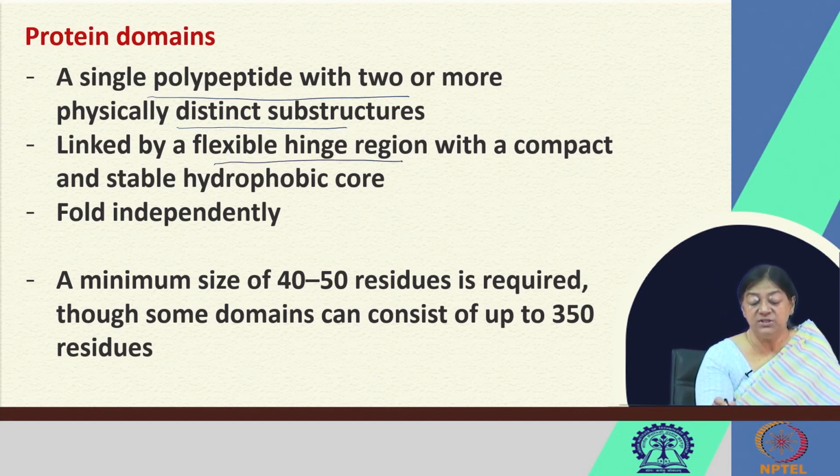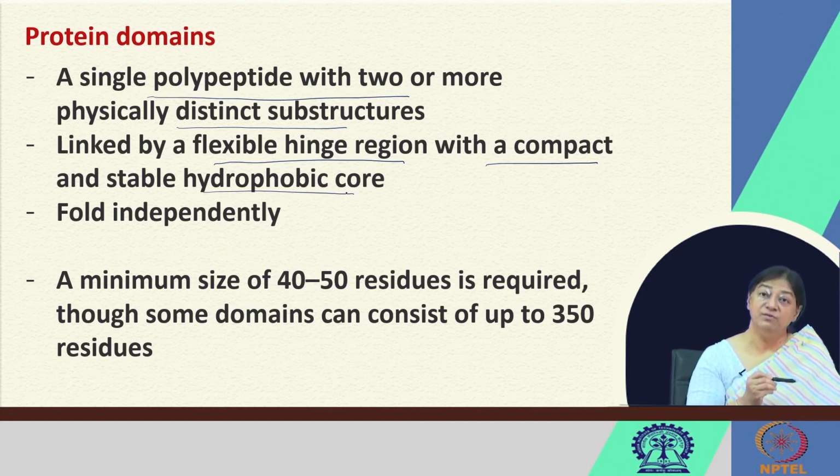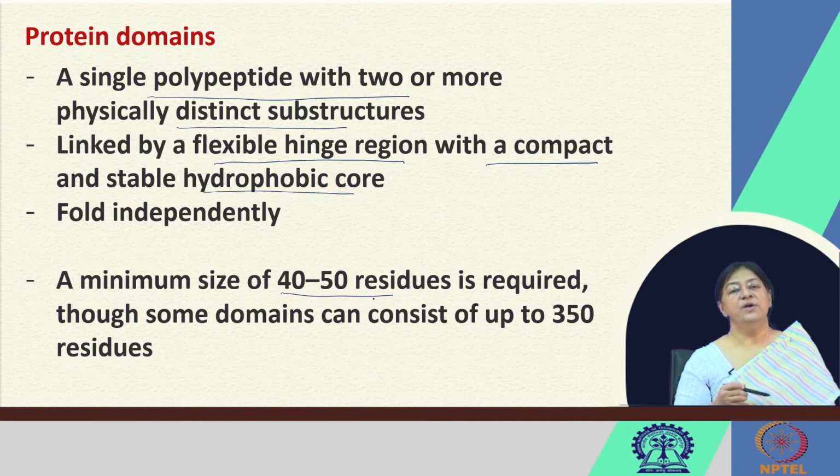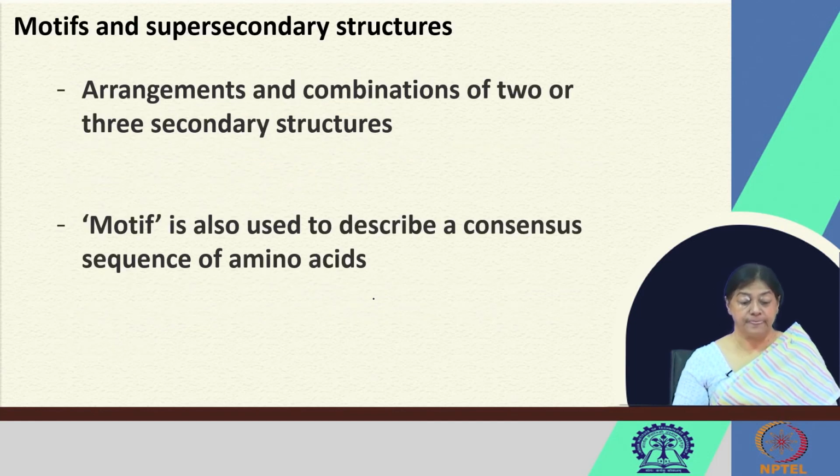We have linkers, as we saw, and we have a compact and stable hydrophobic core for globular proteins, and they can fold independently. These are the protein domains that we are talking about, and there are specific sizes of these domains that could range from a 40-50 residue part of the polypeptide chain up to 350 or more.